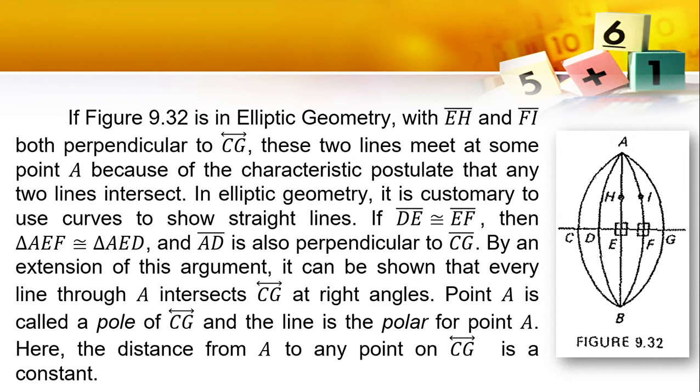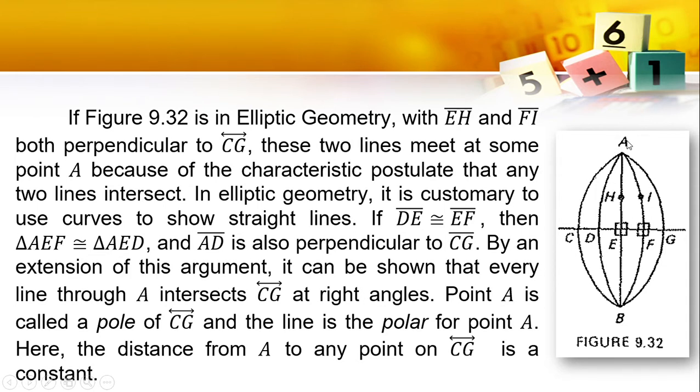And this line AD is also perpendicular to CG. By an extension of this argument, it can be shown that every line through A intersects line segment CG at right angles.